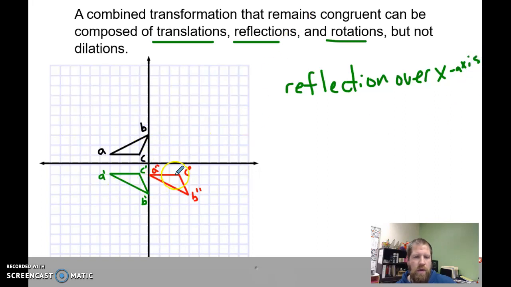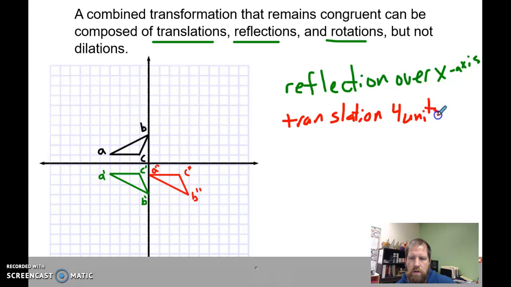And then going to my red triangle, or my double prime, that was a translation, 4 units right. And that would be it. That's all I would be looking for in the solution to that.